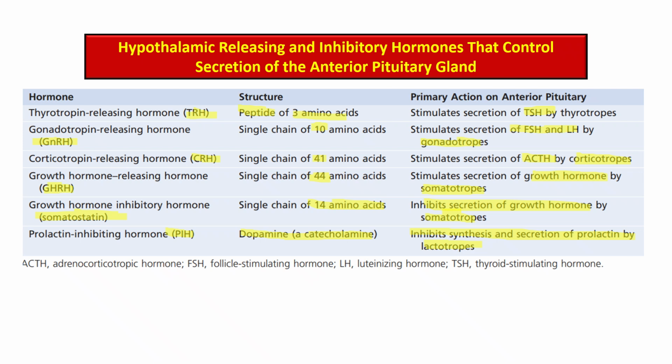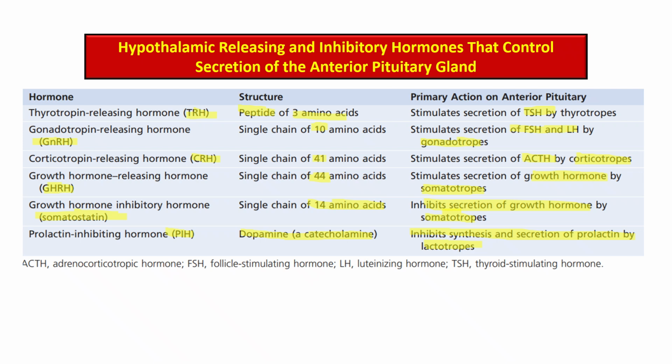So these hypothalamic hormones regulate anterior pituitary function via stimulation or inhibition. Most of these are short peptides except dopamine, that is a catecholamine neurotransmitter. The balance of stimulatory and inhibitory signals determines hormonal output from the anterior pituitary.